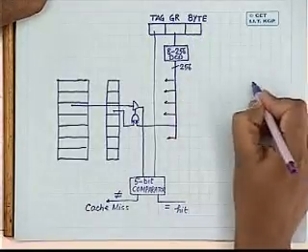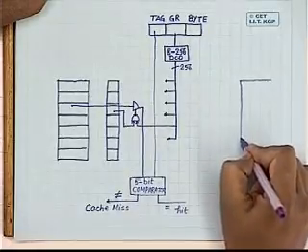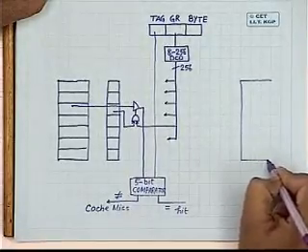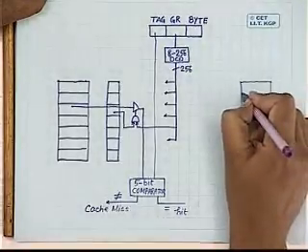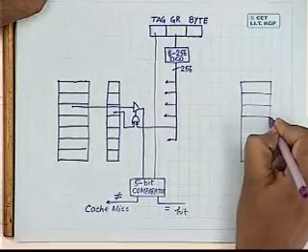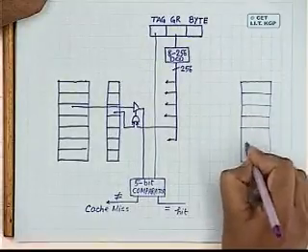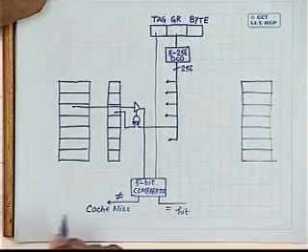So on this side, let me draw the cache memory, which is having a number of blocks. Okay.